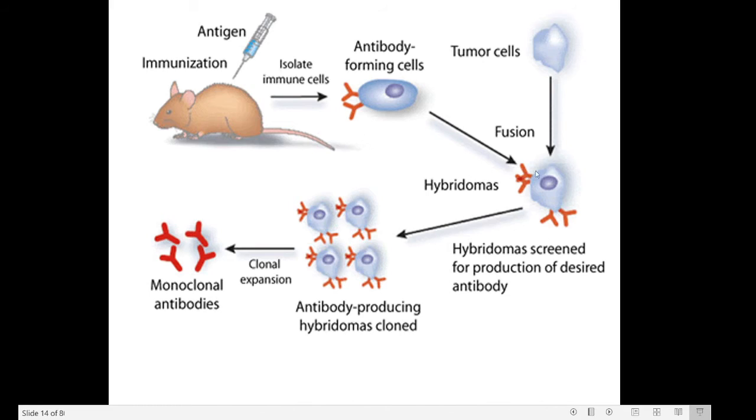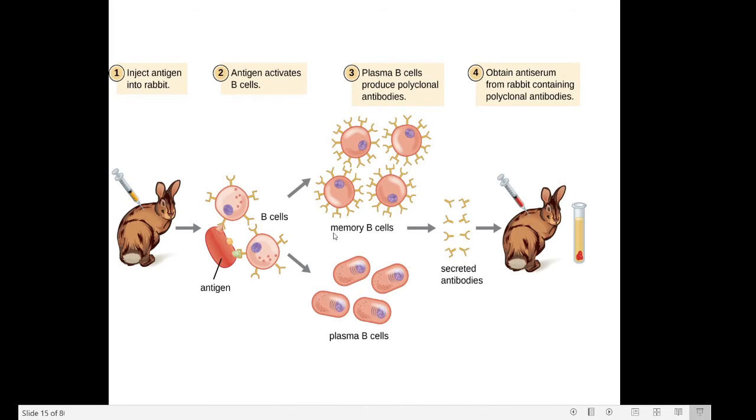After hybridoma cell formation, it produces antibody and is cloned, and the cells divide in larger numbers. So there is n number of antibody production in the medium. Then we can isolate the monoclonal antibodies. These are all the steps involved in hybridoma technology.